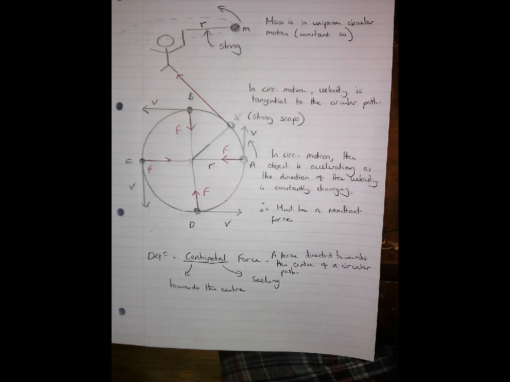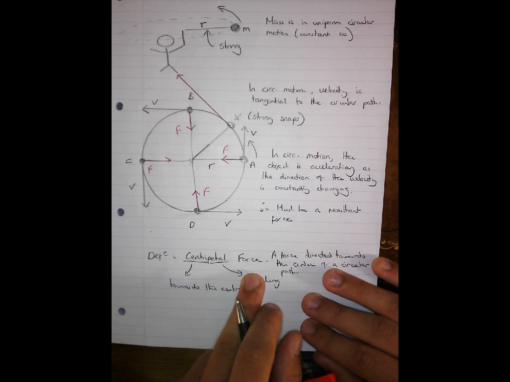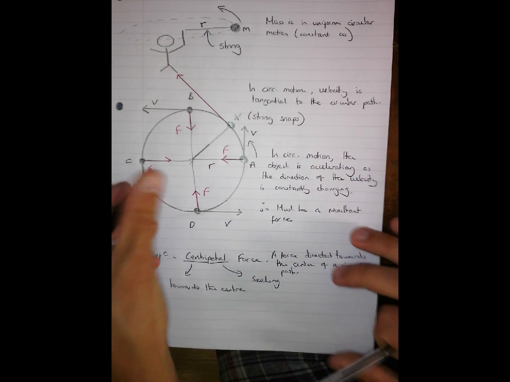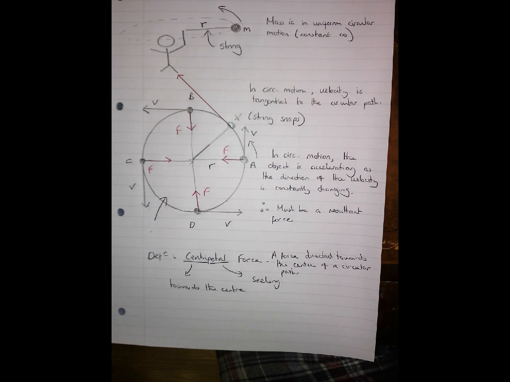So if you're talking about an object moving in a circle, it's got to have a force to provide this centripetal force. In this situation here, what is the centripetal force provided by?